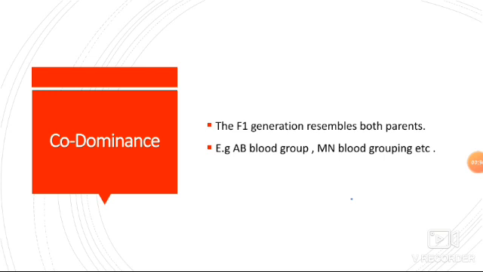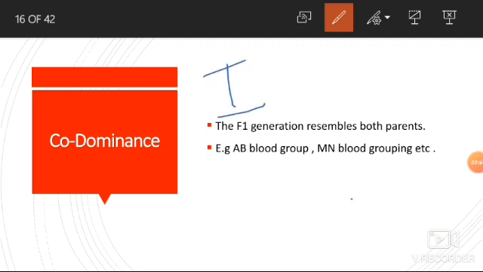The symbols used for codominant genes are different. As we take the example of AB blood group, these genes are represented like this.